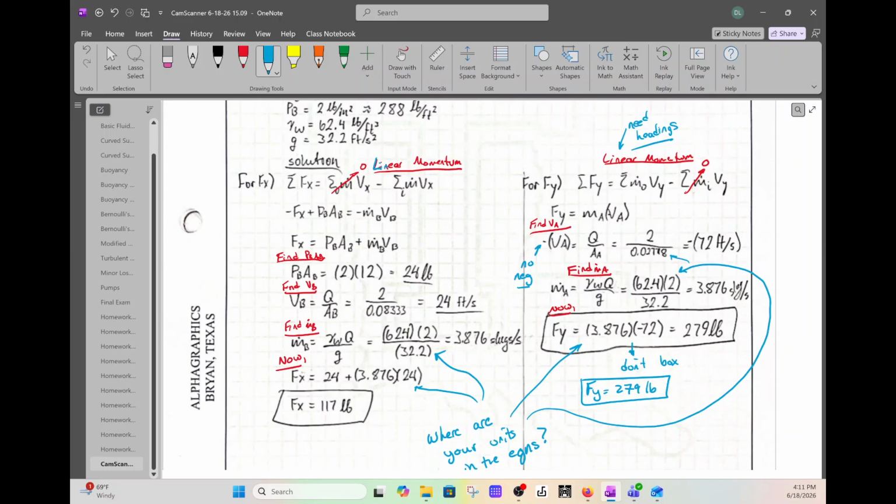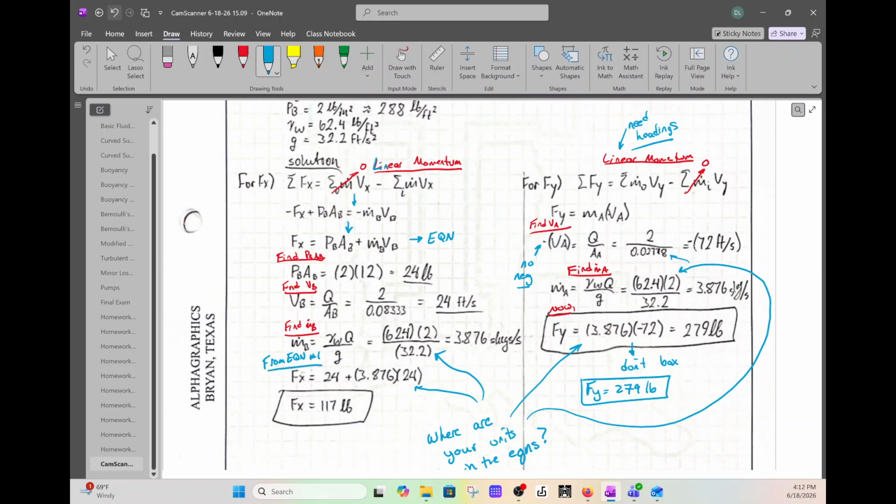Then you jumped to this Fx equation, which you could label equation 1, but you need a heading to say, now I'm finding this pressure force, now I'm finding the velocity, now I'm finding the mass flow rate, and now finally I'm finding Fx. Or you can put from equation number 1, underlined.